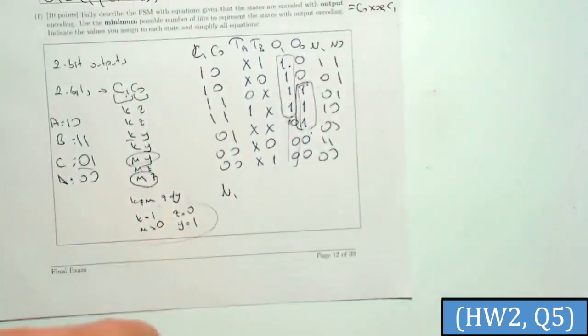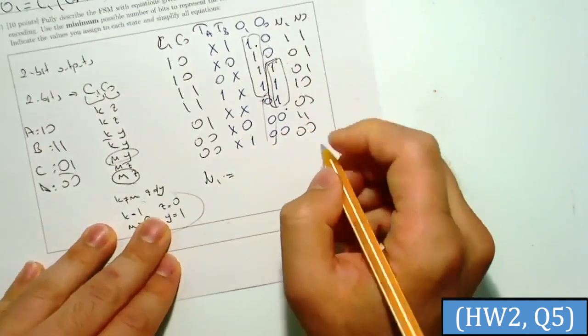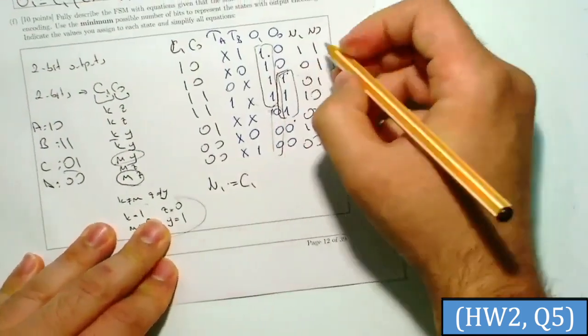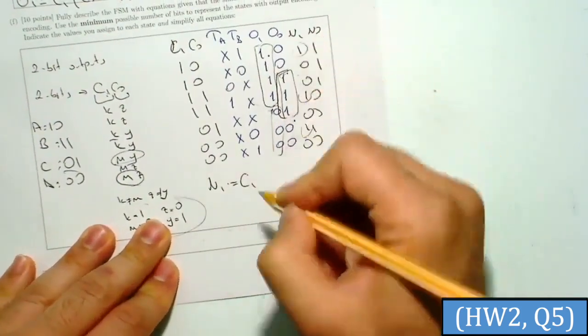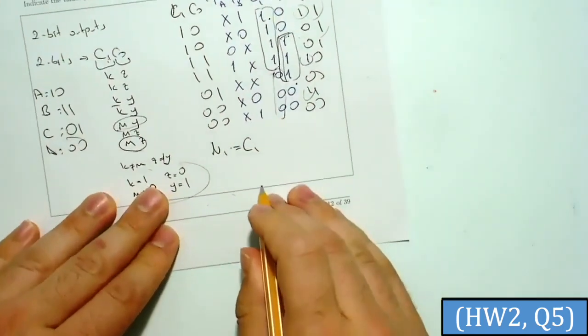So if you allow me to save some time, I'm going to directly write the Boolean equation, because what you do is basically I'm going to again check the rows that are 1 here and the rows that are 1 for n0, and then I'm just going to write as is.